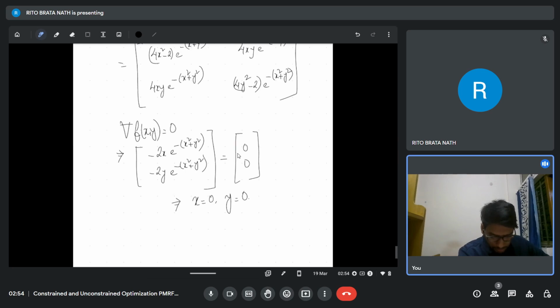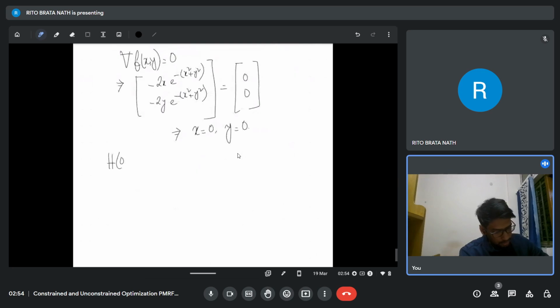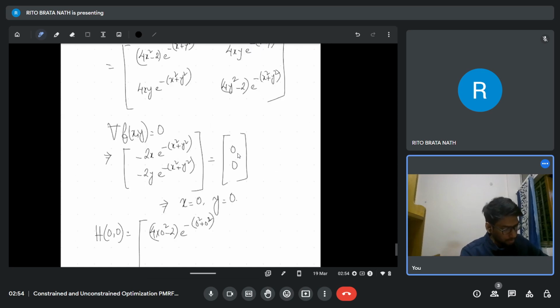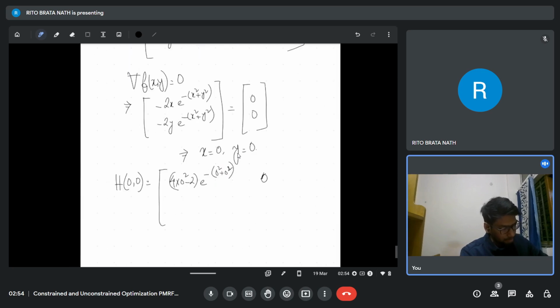And in that case, the Hessian matrix becomes H(0, 0). So that's 4x² minus 2 times e to the power of minus (x² plus y²). Anyway, that will be e to the power 0, so that's 1. This portion will be 0 because x is 0 and y is 0.